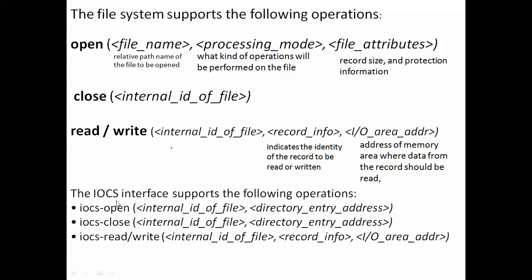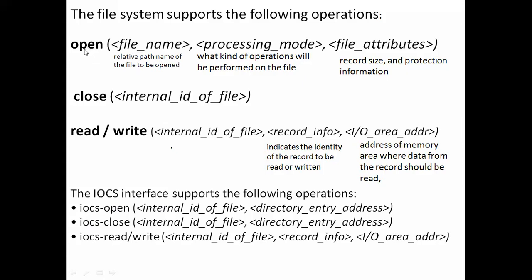Here is the list of operations in the IOCS layer, namely IOCS open, IOCS close, and IOCS read and write. So we have the mapping between the system calls used by this file system, namely open, close, and read write, and the functions in the IOCS layer, along with the syntax of the system calls or operations supported by the file systems.